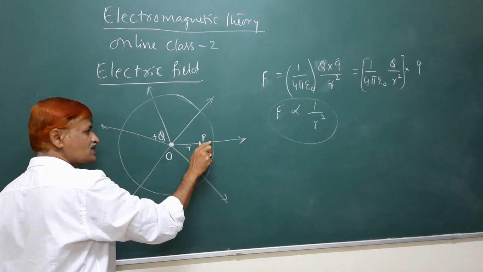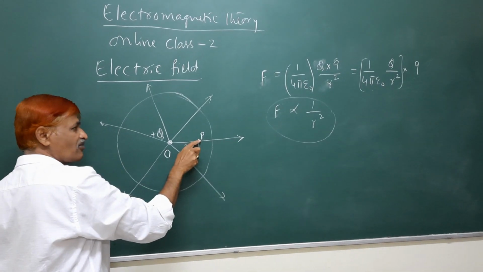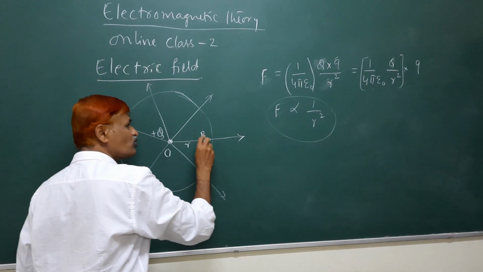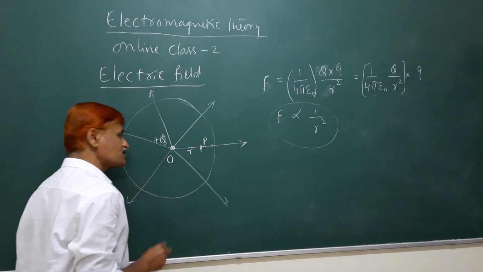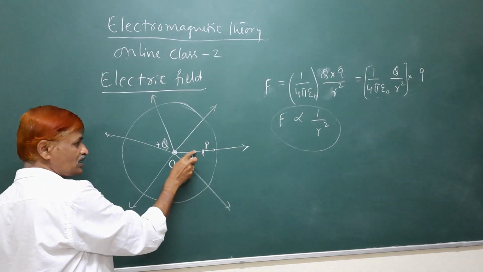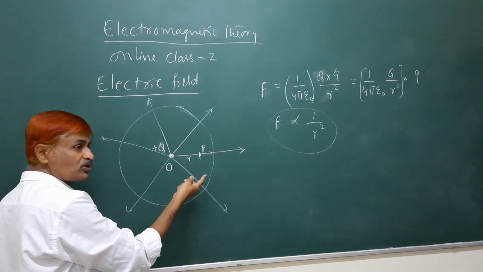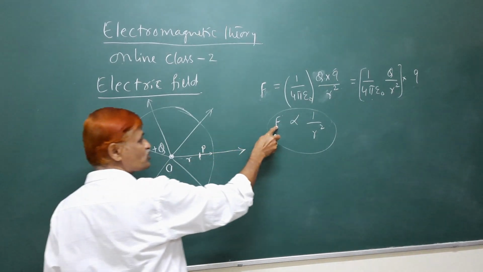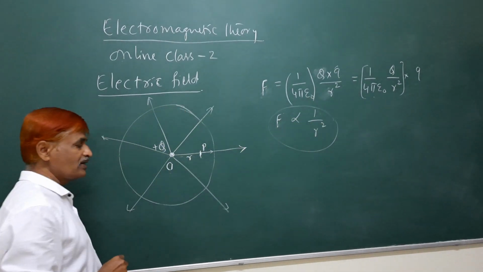If you move this second charge away from P, the force reduces. If you come towards the plus Q charge, towards O, the force increases. So force varies as 1 divided by R square.